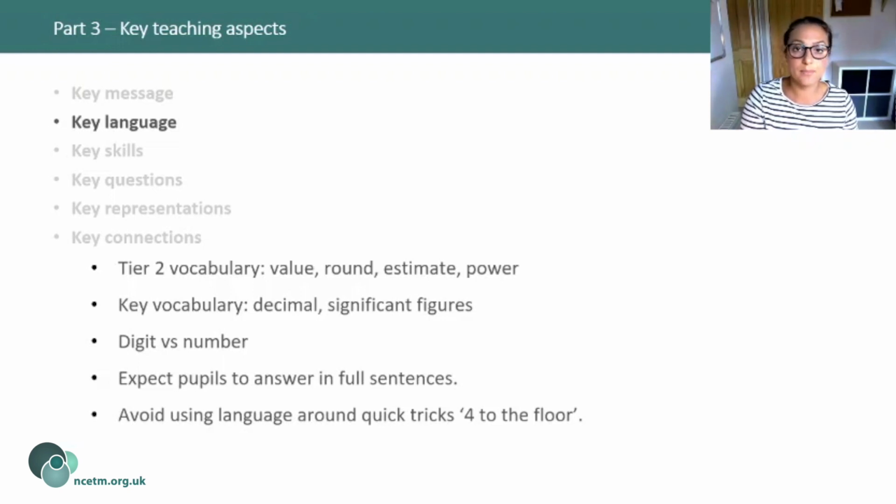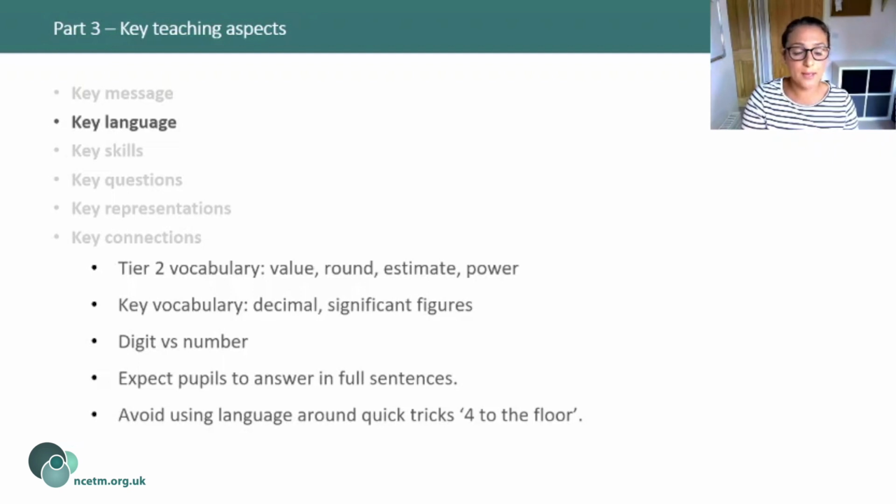And pupils being able to use those successfully in their language and in their vocabulary when we're talking about their learning and their understanding. So we have to be really clear about Tier 2 vocabulary, and for me some of those words are words I would consider Tier 2 for this topic.